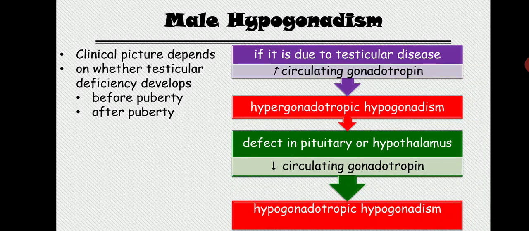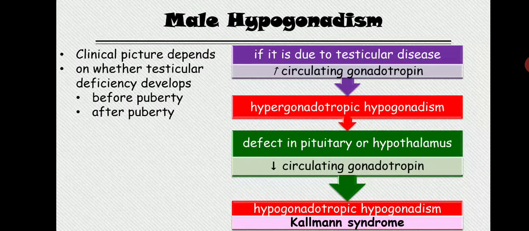That particular thing is known as Kallmann syndrome. I already told you about Kallmann syndrome in the pituitary lecture, right? What is Kallmann syndrome? In Kallmann syndrome, there is a deficiency in the migration of the GnRH neurons that are present during development inside the nasal area, right?